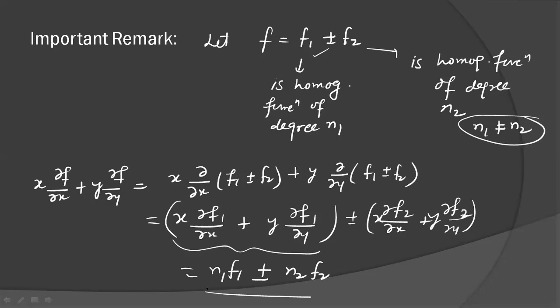So the result is n1 f1 plus or minus n2 f2. When we have a linear combination of homogeneous functions, we can find this result for the combined function also.